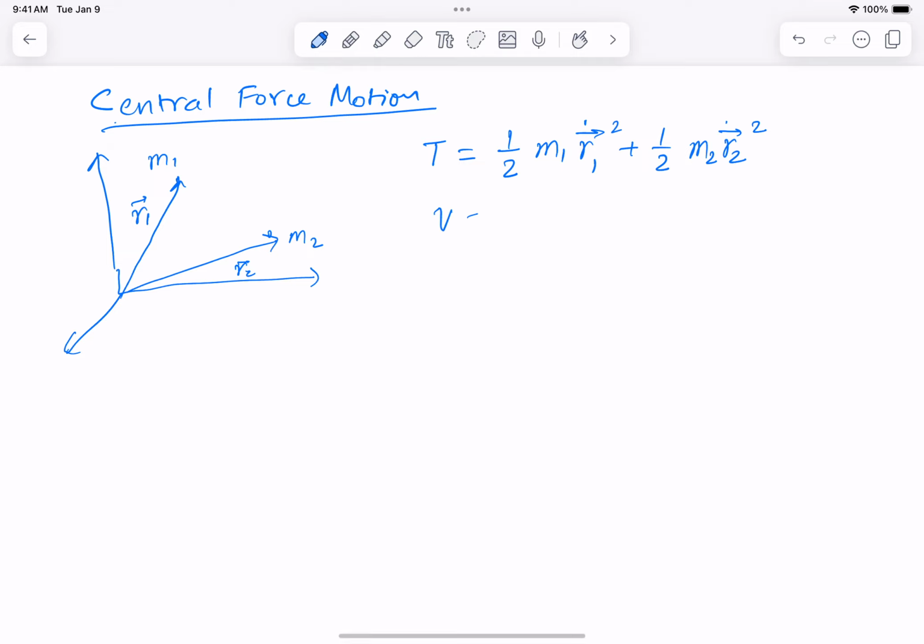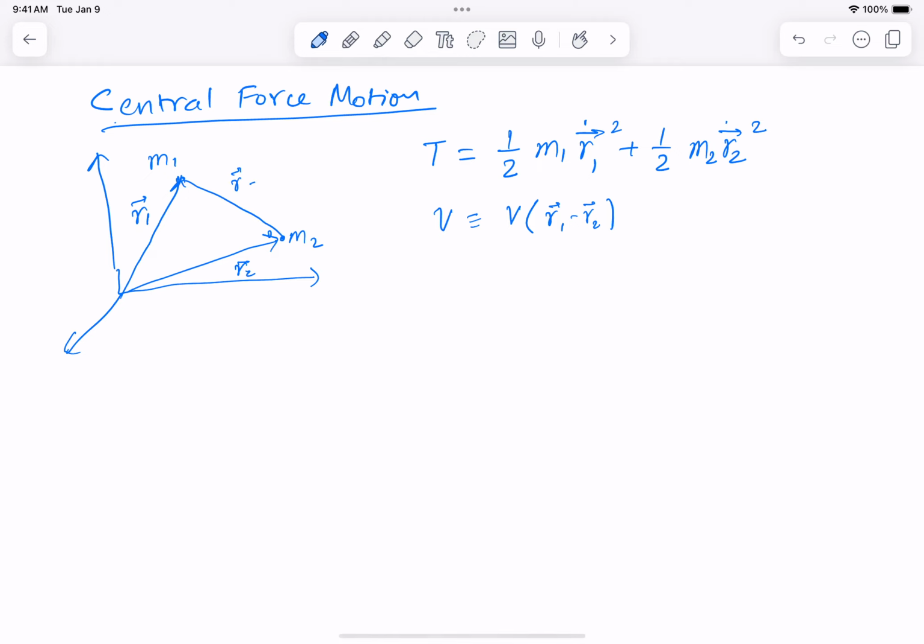And the potential energy, because this is a problem of central force, the idea is that the force only depends on the relative position of the two objects. So central force is defined by a force which is between two objects, which acts along essentially the line joining the points. So in this case, this line joining the points would be here.